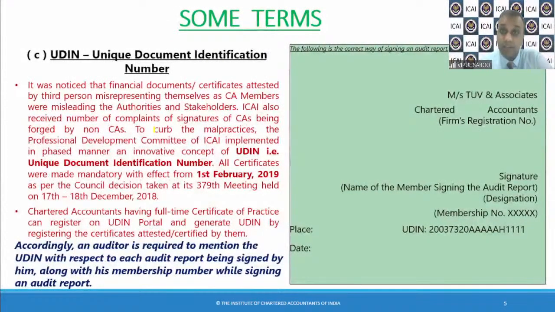But some mischievous elements of the professional or the social world started misusing it. The power given to chartered accountants was misused by non-chartered accountants.